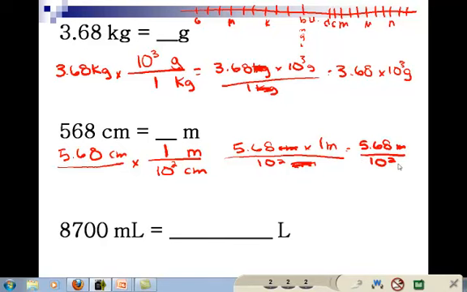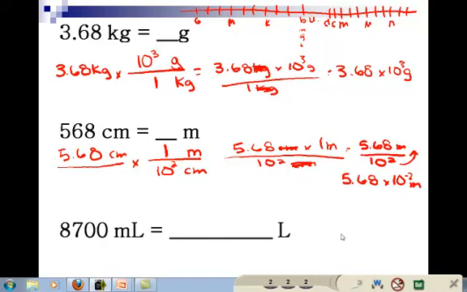Well, I can either just divide 5.68 by 10 to the second, or when I bring 10 to the second up to the numerator, my exponent becomes negative. So it becomes 5.68 times 10 to negative second meters.